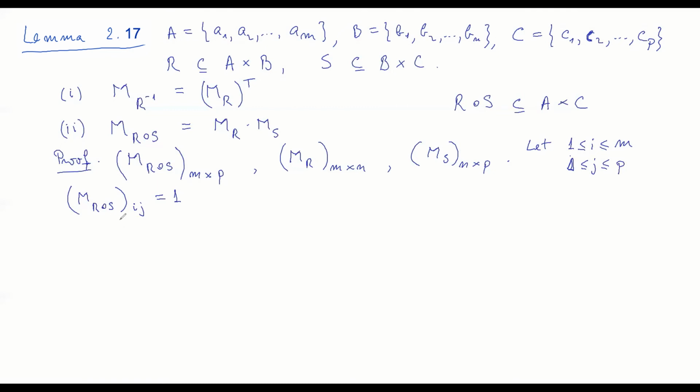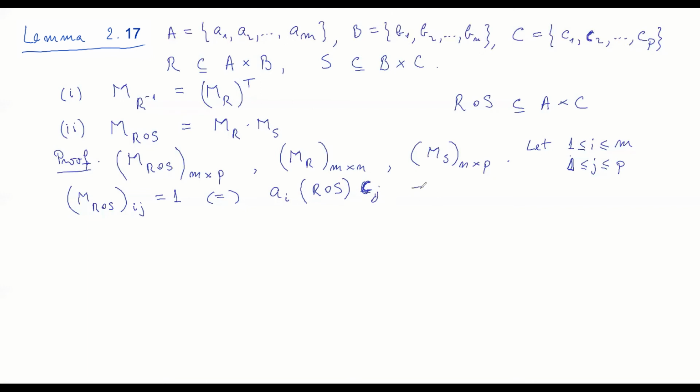So I'm going to say, this entry ij of this matrix is 1. Then, by definition, this is true if and only if Ai is in relation R composed with S with Cj, so element Ai of A and Cj of C.